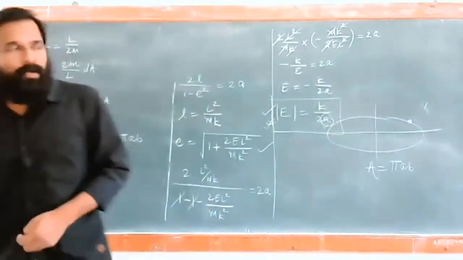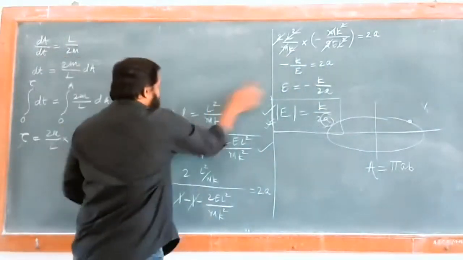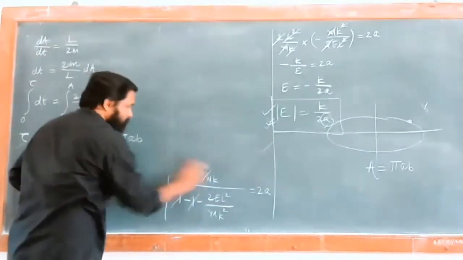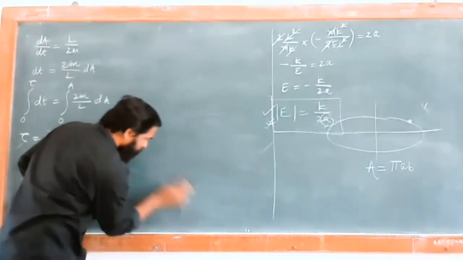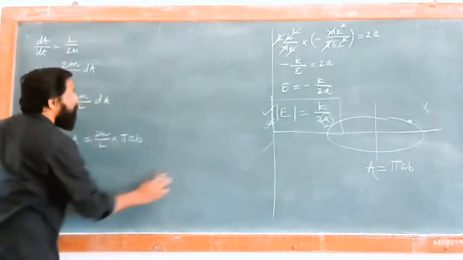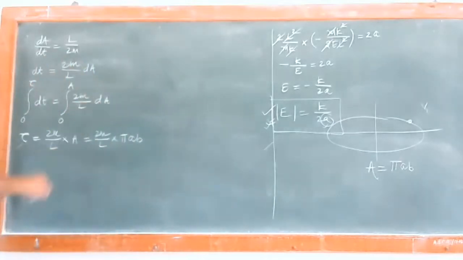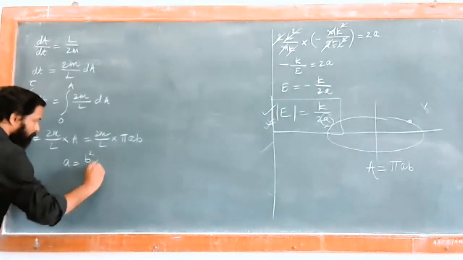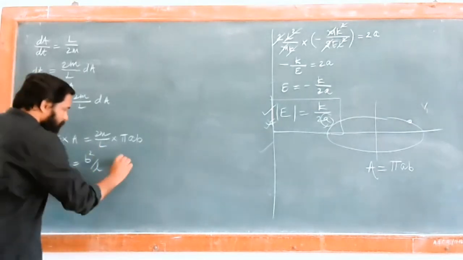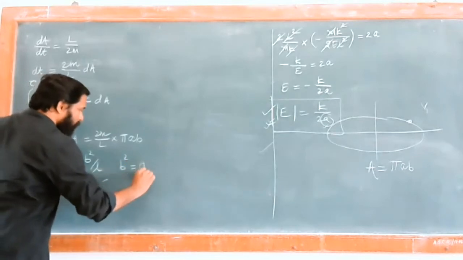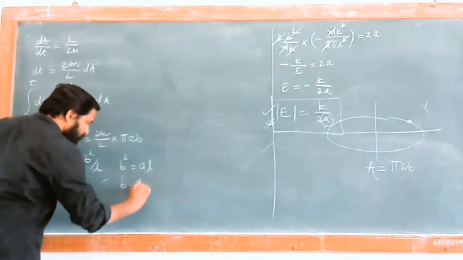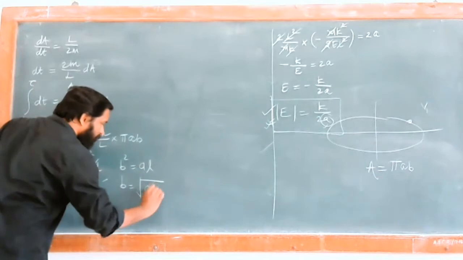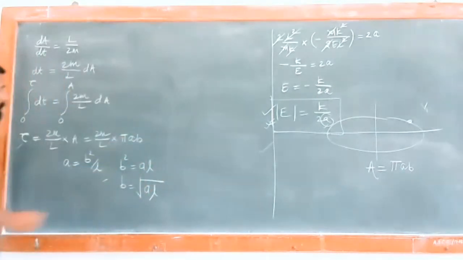And so in order to get that equation, we use one more equation, that is the relation between the semi major and the semi minor axis, and that relation is given as A is equal to b square upon L, or you can say b square is equal to A into L, or b is equal to square root of A into L. So you can have these conditions.